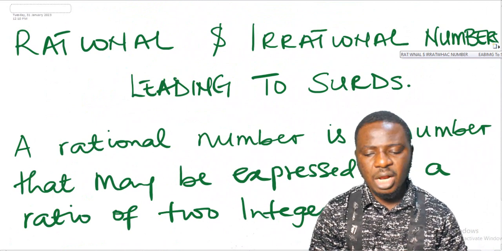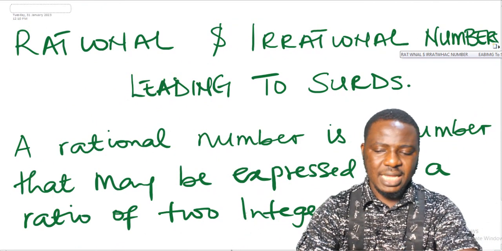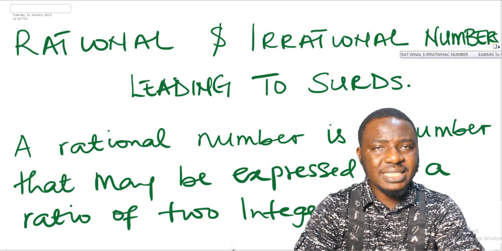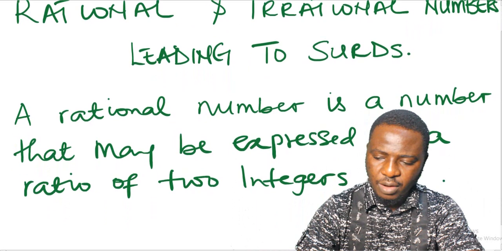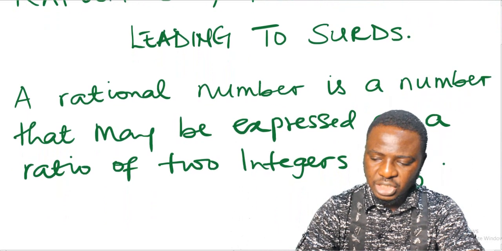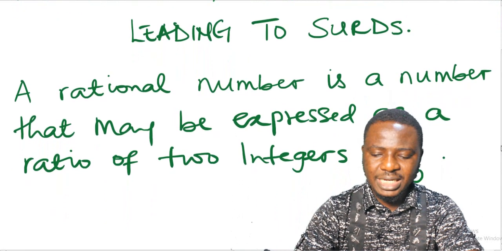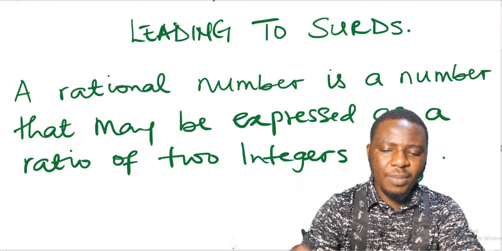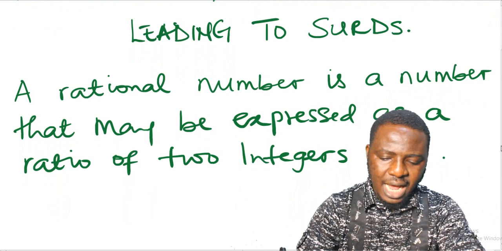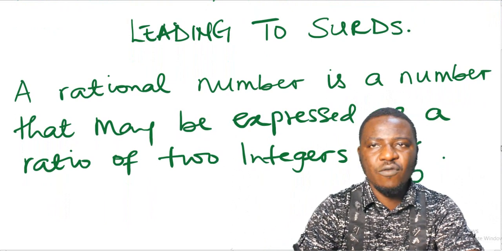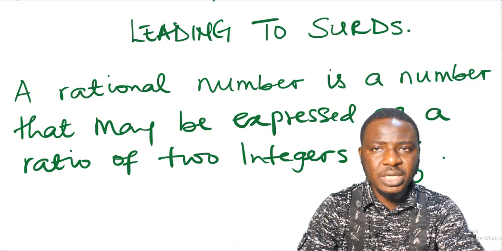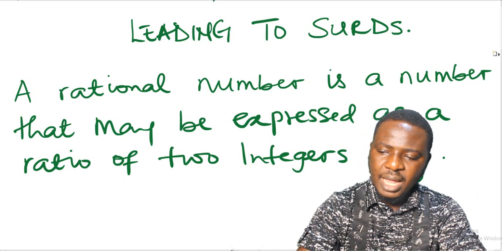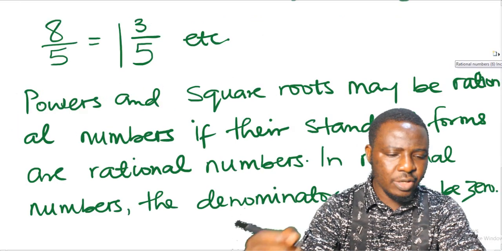Now, a rational number is a number that can be expressed as a ratio of two integers, a over b, where a is an integer and b is an integer. So any number that can be expressed as a ratio of two integers, a over b, is said to be a rational number.